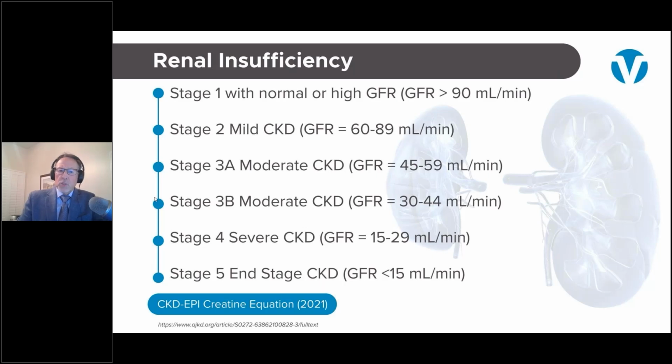But it's pretty straightforward when it comes to obtaining these values. You can see there at that last bullet is the CKD EPI creatinine equation. This was updated in 2021, and it definitely will have a significant impact on your recruitment and finding subjects. Next slide, please.